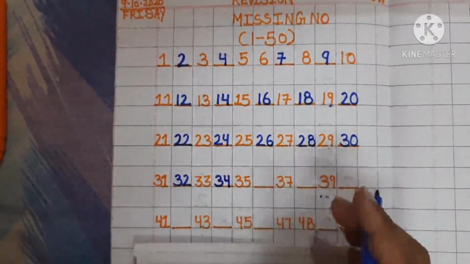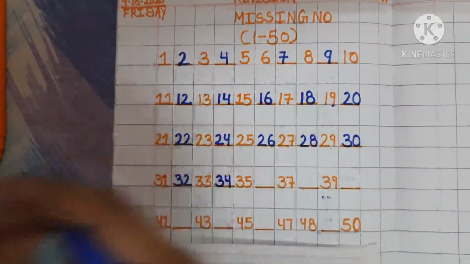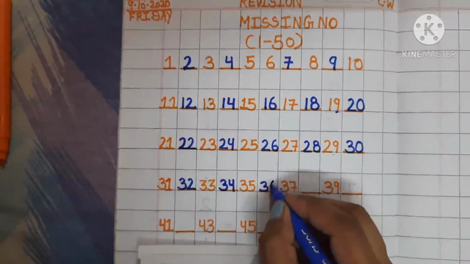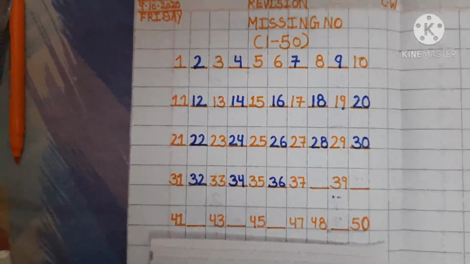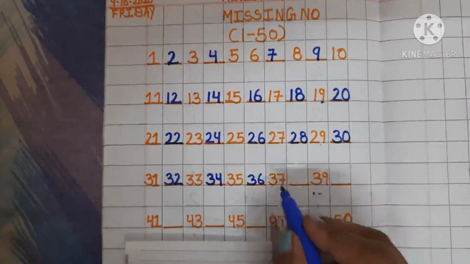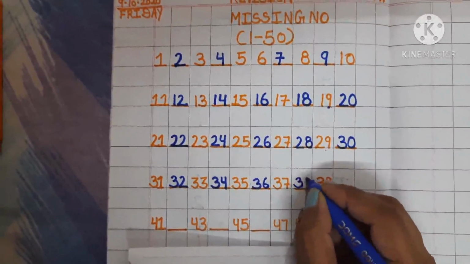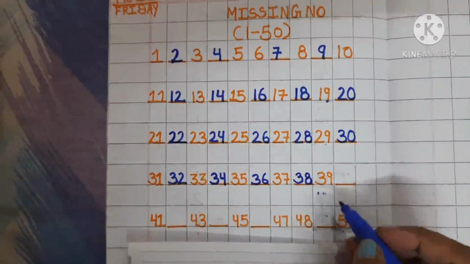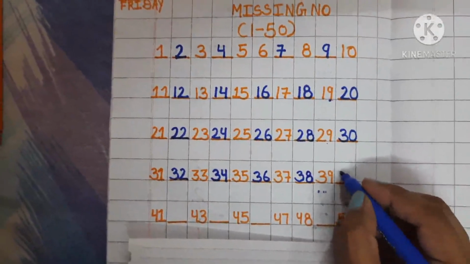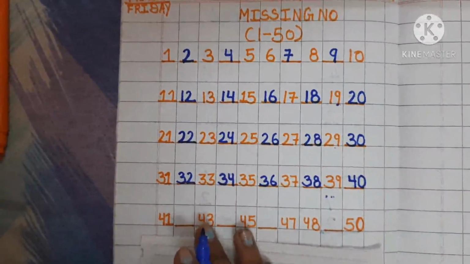Then 35. 35 after which number is missing? 36. 36 after what will you write? 37. 37 after which number is missing? 38. 38 after what will you write? 39. 39 after which number is missing? 40. Then come to the next line.